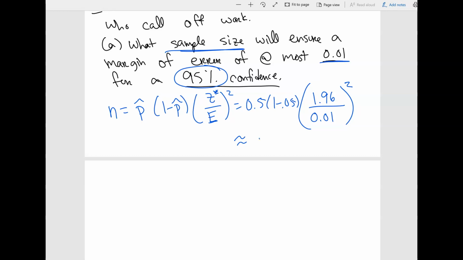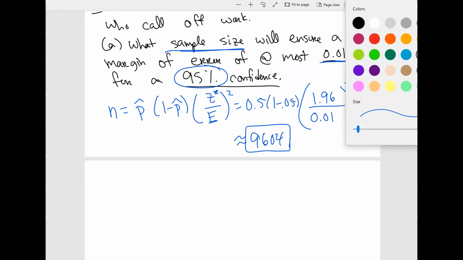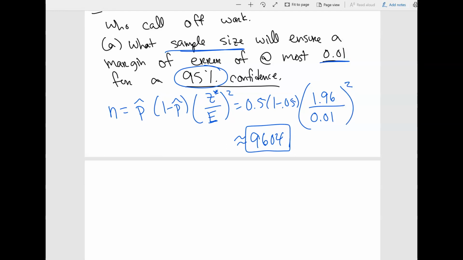And that's going to give me exactly 9604. So again, just basically plugging it into the formula, not a lot of things going on here.